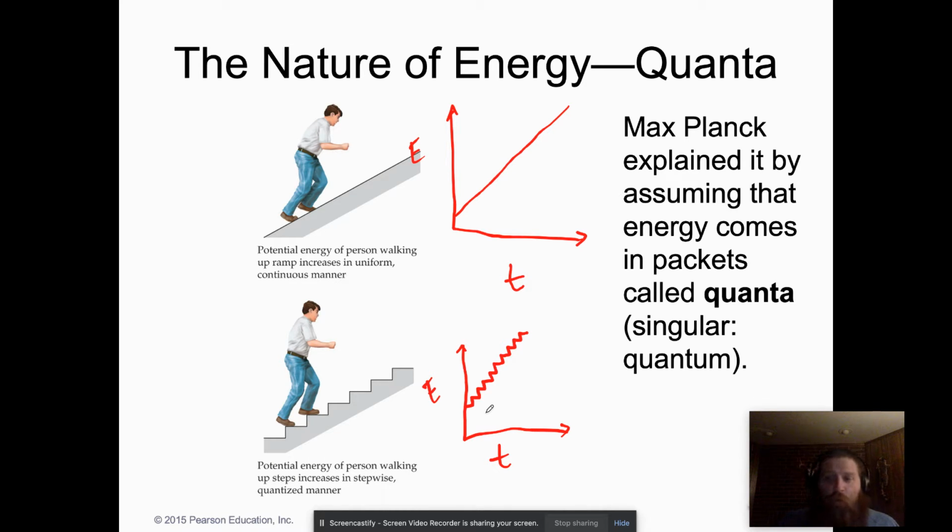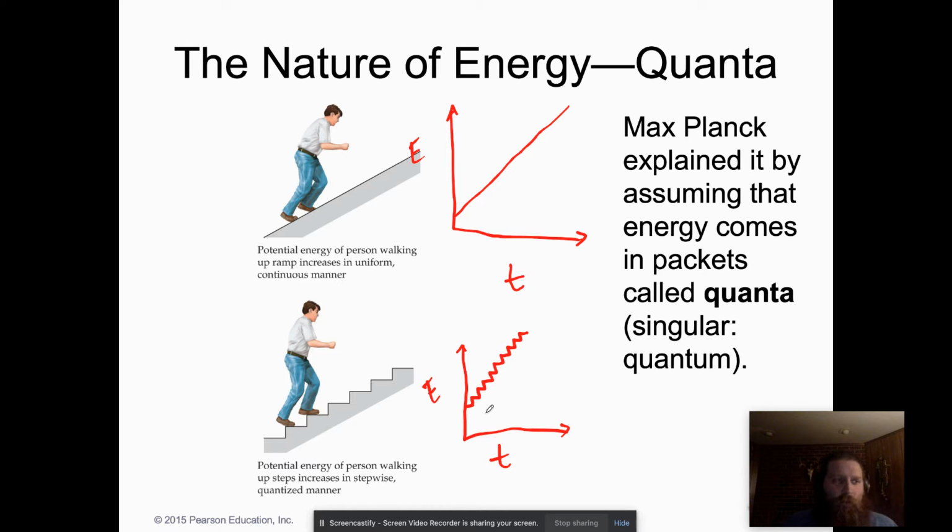It doesn't impart 1.2 units of energy. It's going to be a discrete chunk every single time. Depending on the wavelength of that light, it's going to be the same chunk every single time. So violet is always going to give us the same amount of energy. And we'll calculate that here in just a minute.